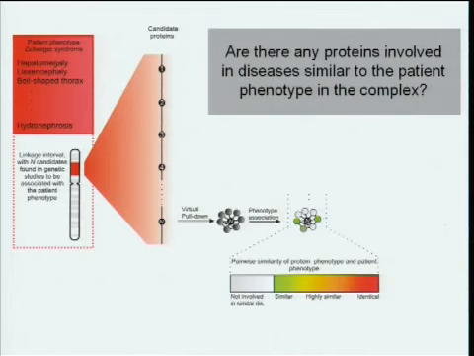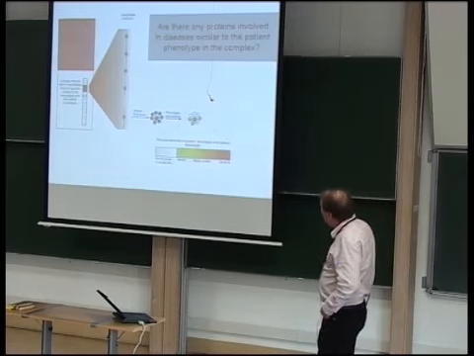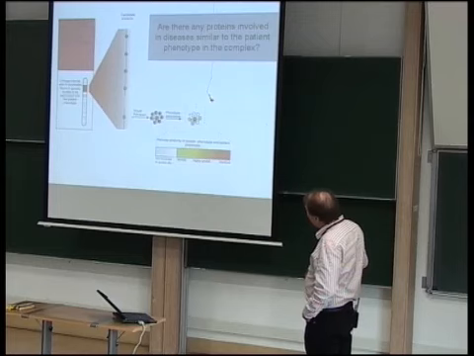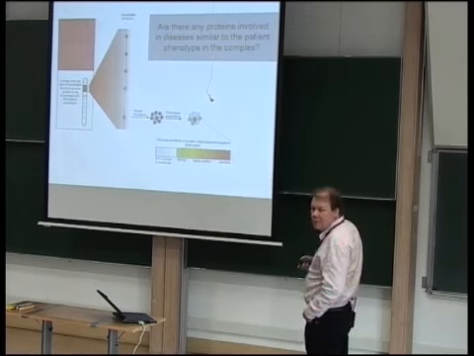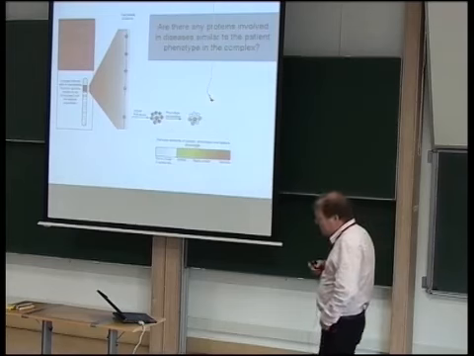So the disease we're looking at here is colored red. So we can have a scale in color that colors the interaction partners according to how large the phenotypical overlap is between the diseases that these proteins have been related to, compared to the red disease that we are looking at.